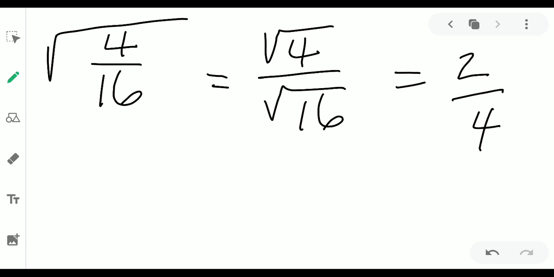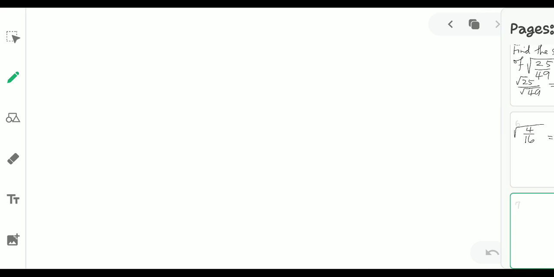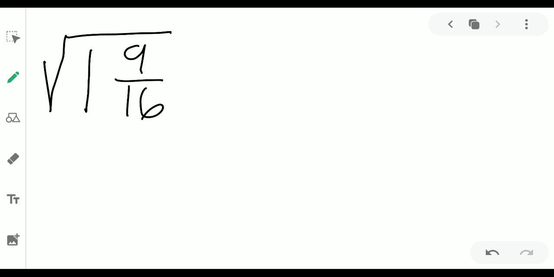Now, before we move on, let's look at where we have a mixed fraction or a mixed number. Let's say you have this: one whole number, 9 over 16. You are supposed to find the square root of one whole number, 9 over 16.